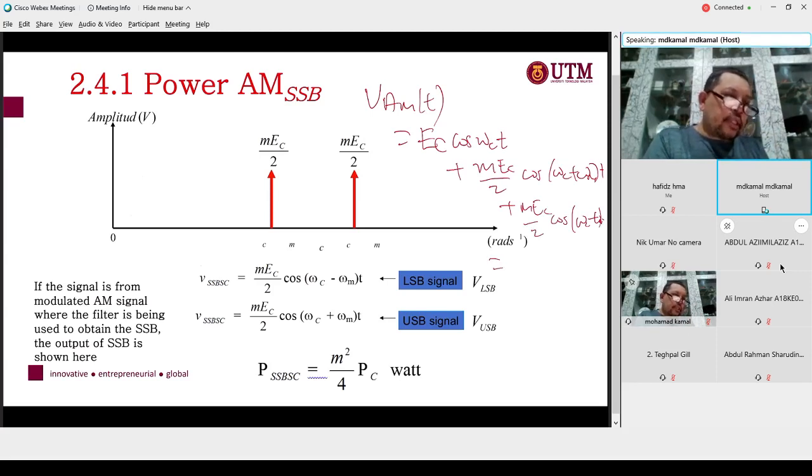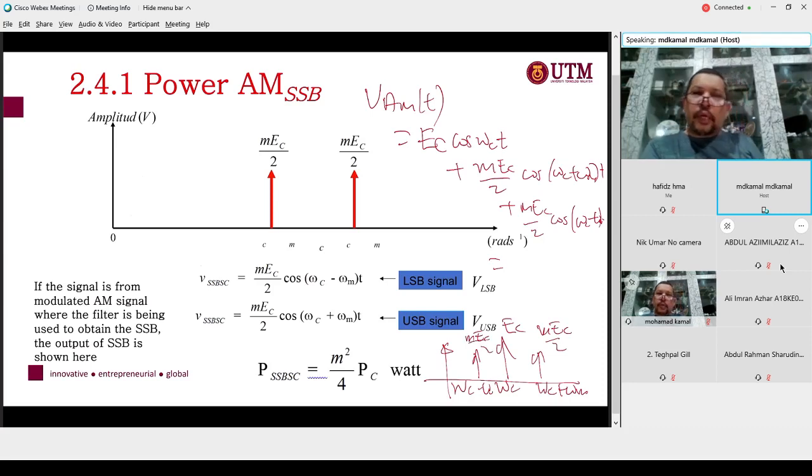Okay, so if you look in terms of the spectrum, you have omega C here, omega C plus omega M, omega C minus omega M, which are EC, MEC over 2, MEC over 2. So now what happened?